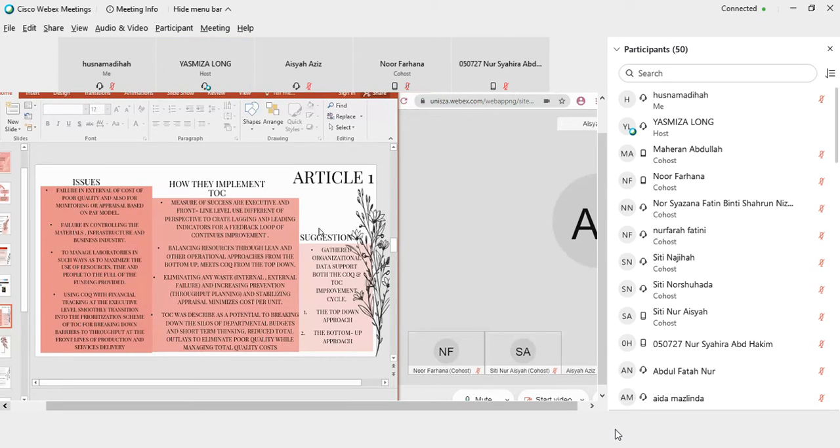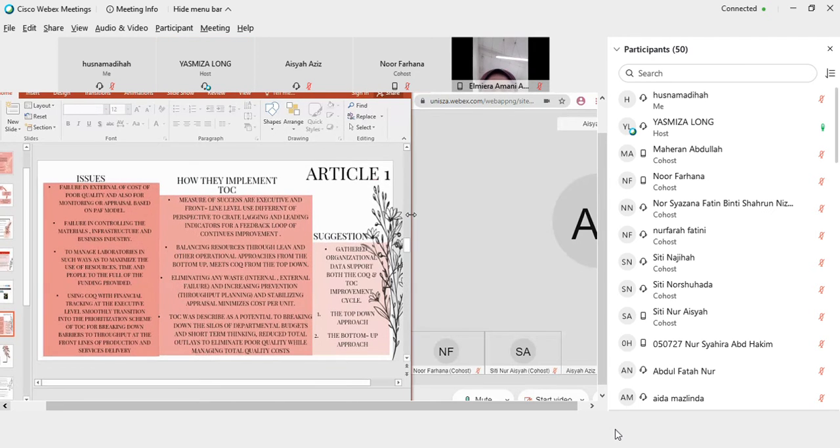Can you tell a little bit about the background of this article 1? I mean, which industry, from where, which country. Can you explain a little bit about article 1? Who wants to answer? Nur Farhana or who? Because they did not say which industry.